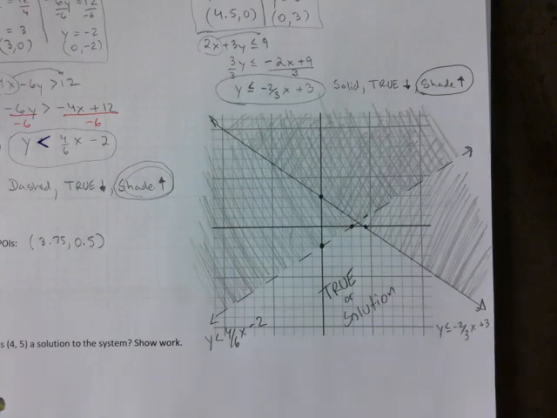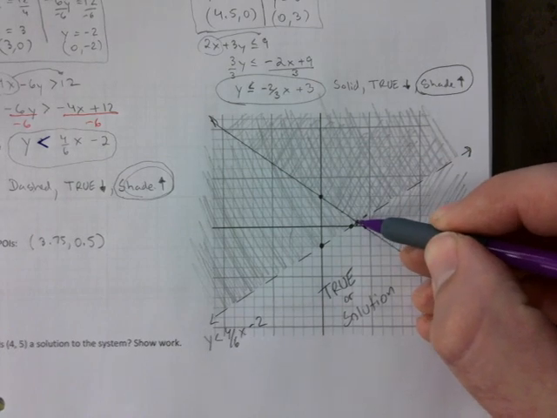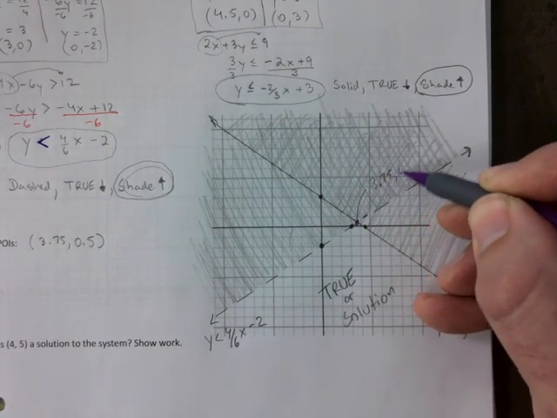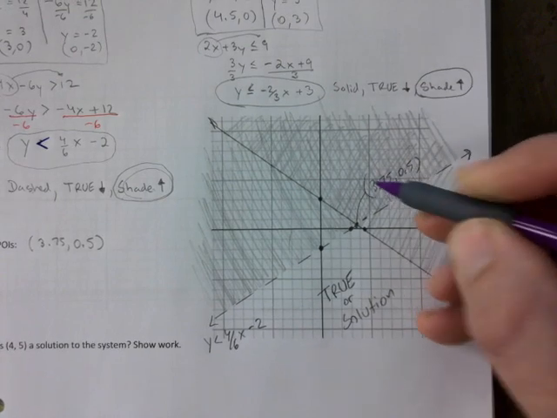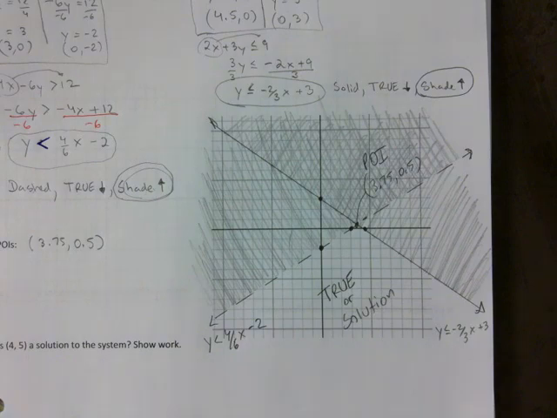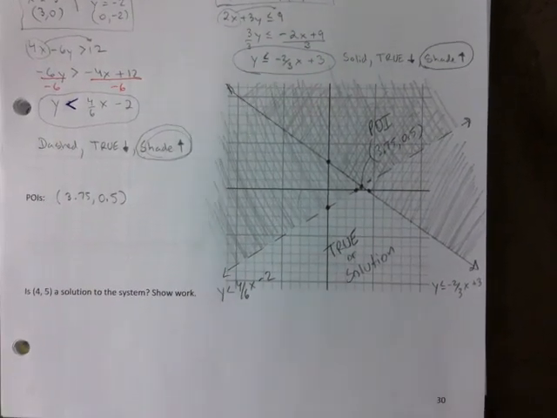The most important point you want on here, in this case, there's only one POI right here, and that is 3.75, 0.5. Make sure you make a note there that that is your POI. Just a quick note here.